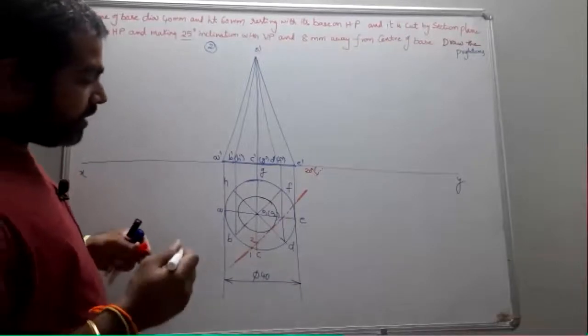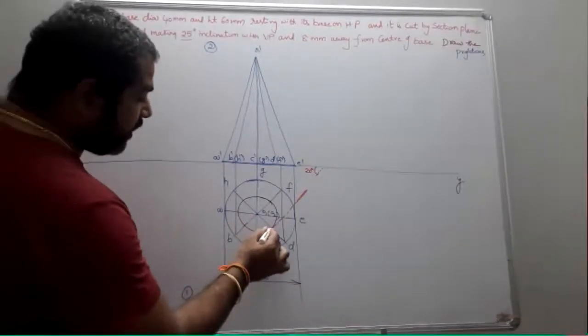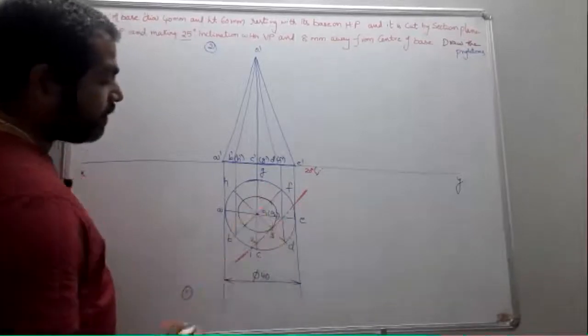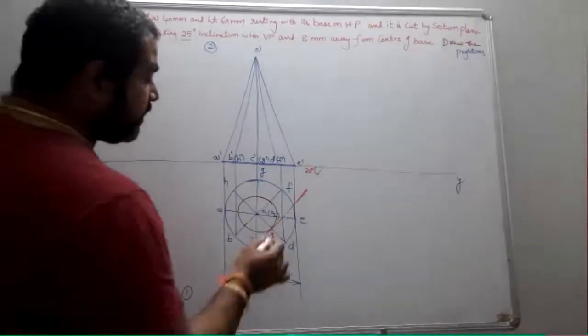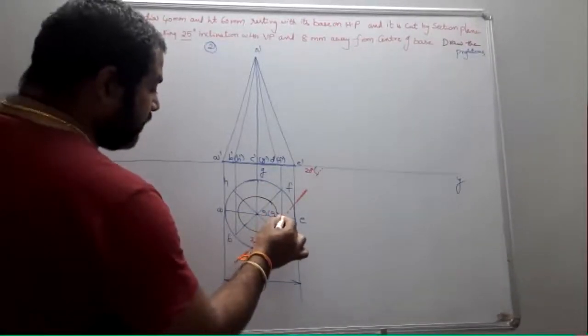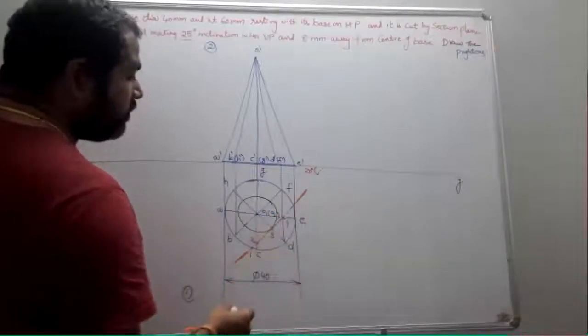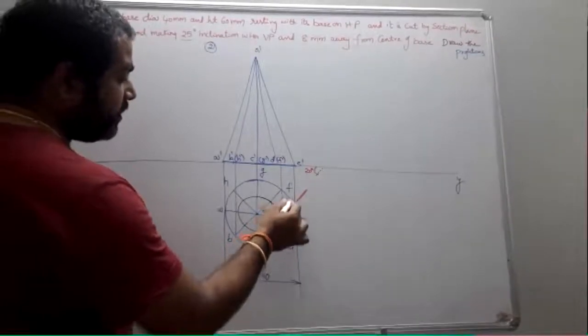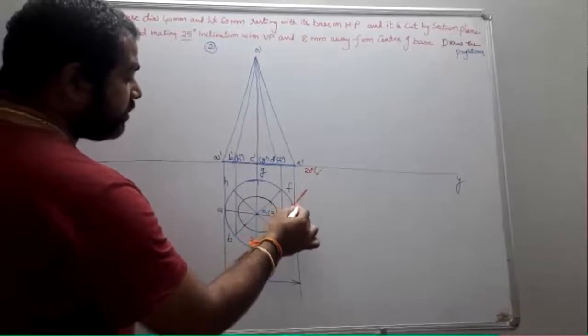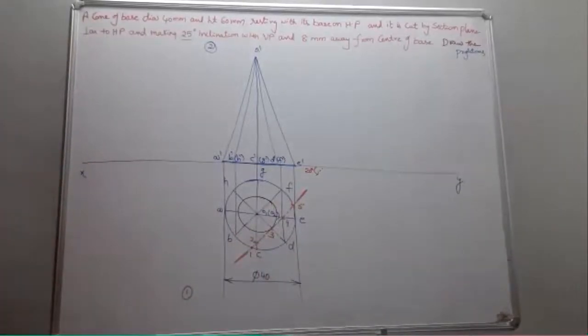Next, it cuts the generator OD at this point. This becomes your 3. Next, it cuts the generator OE at a particular point. This becomes your 4. Next, it cuts the base at FE. This becomes your point 5.